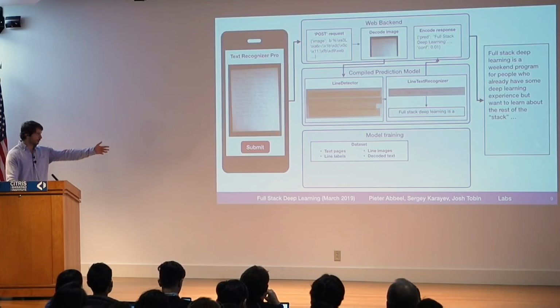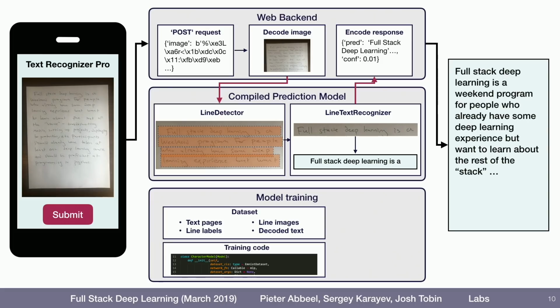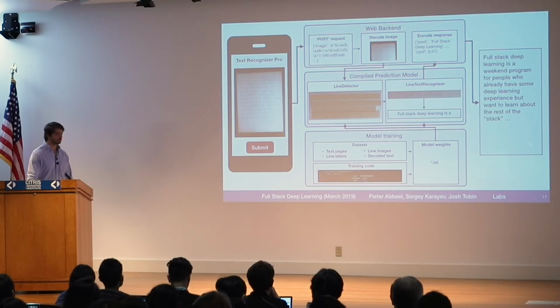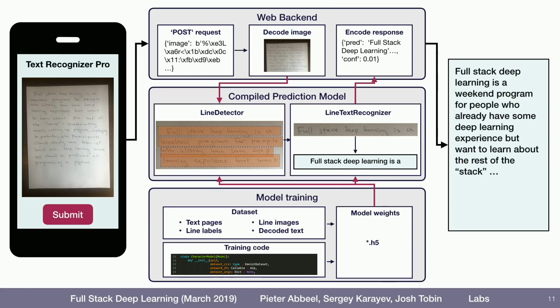We'll have some data set and some training code, and those will be combined into a compiled model, in the software 2.0 way of looking at it. We're searching for the best program to solve this problem. And then those will be fed into the compiled prediction model. OK, any questions about the overall architecture of the thing that we're going to walk through?